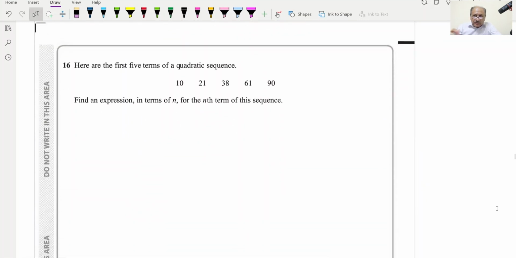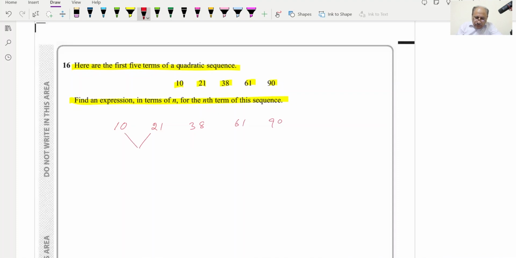Now question number 16 says, here are the first 5 terms of the sequence 1 2 3 4 5, find the expression in terms of n for the nth term of the sequence. So we can write first terms given are 10, 21, 38, 61 and 90.